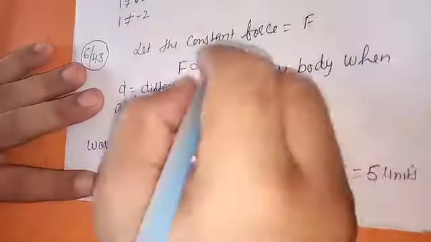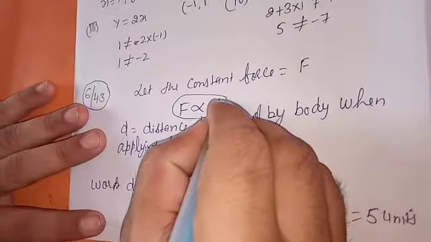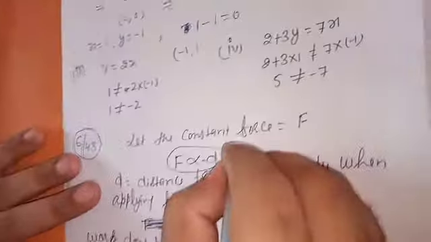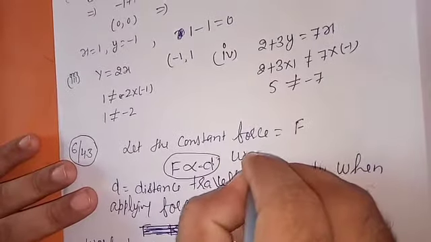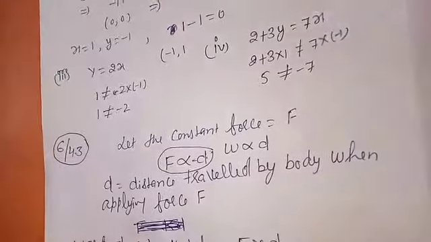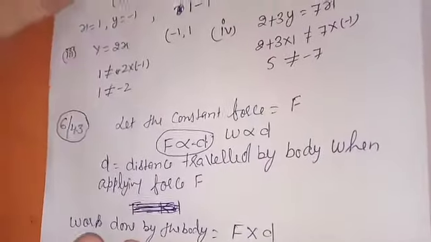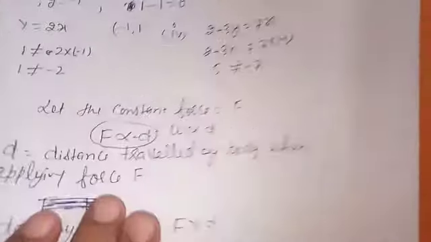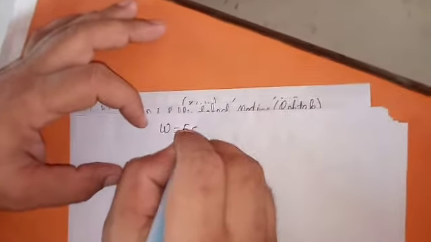In this way you can write here also. F is not directly proportional. W is directly proportional to D. Work done by the body depends on the distance traveled by the body. So now W equal to 5D.